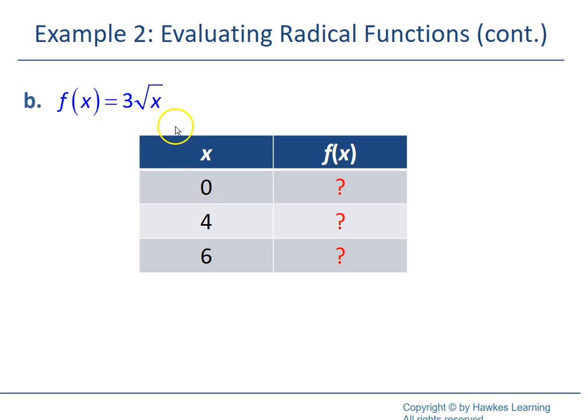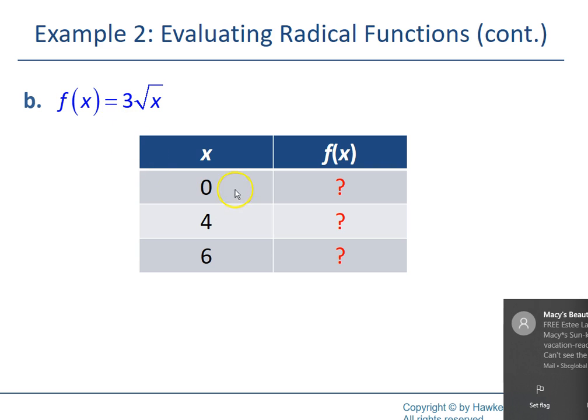If x is 4, the square root of 4 is 2. 3 times 2 is 6. Now here, when we take the square root of 6, we're going to get an irrational number, and we multiply it by 3, that's going to be irrational. But you get the idea of how to do this here.